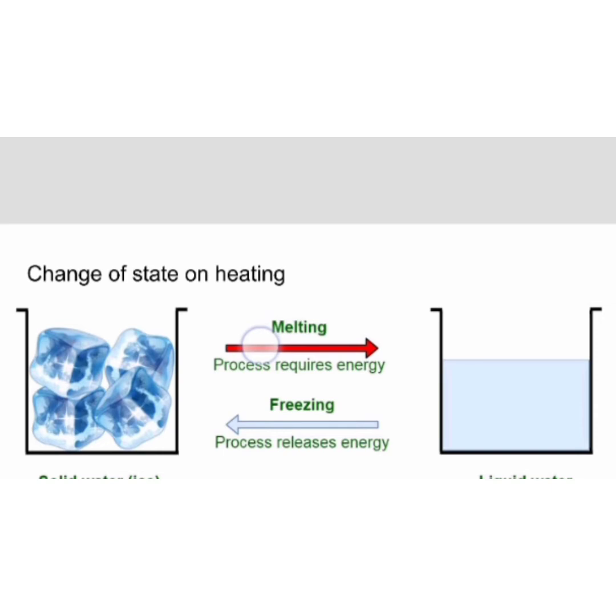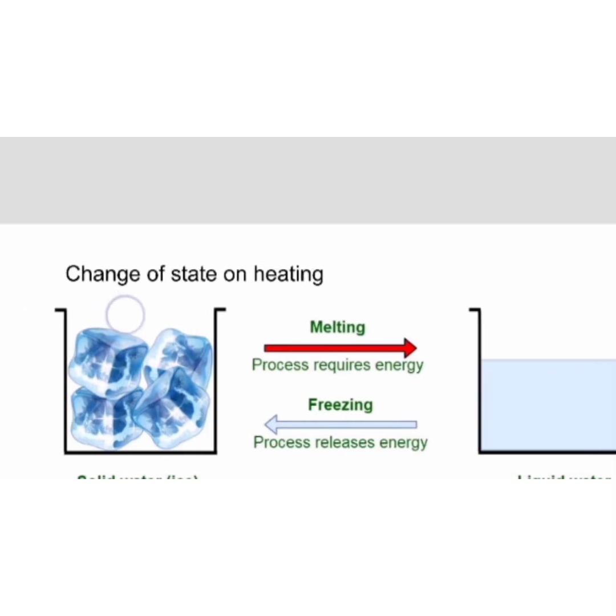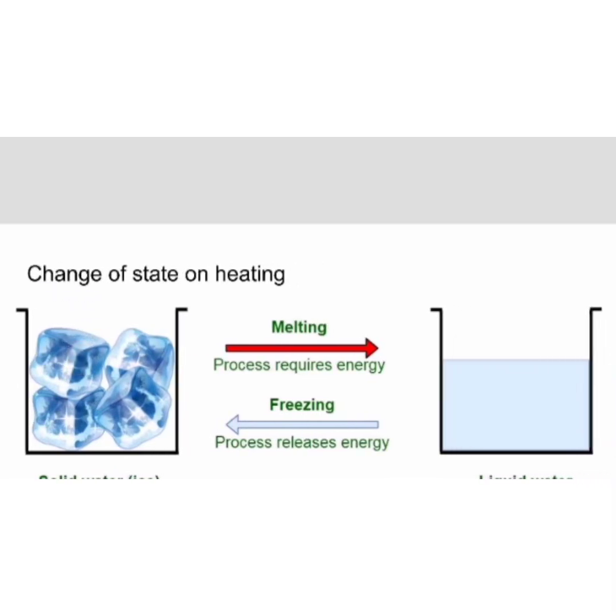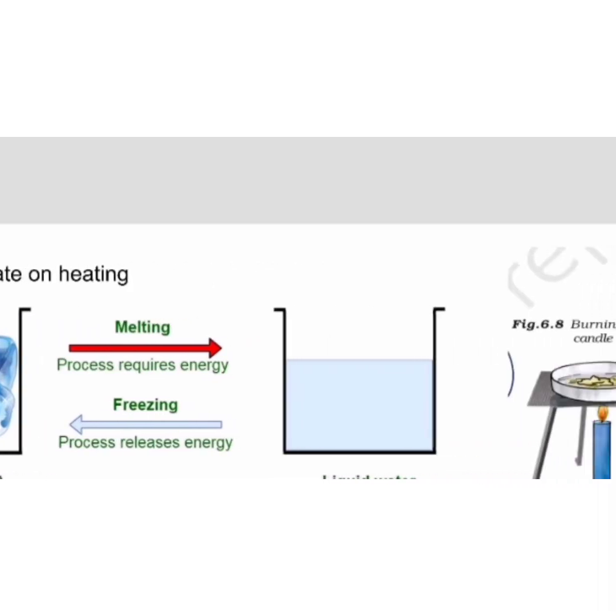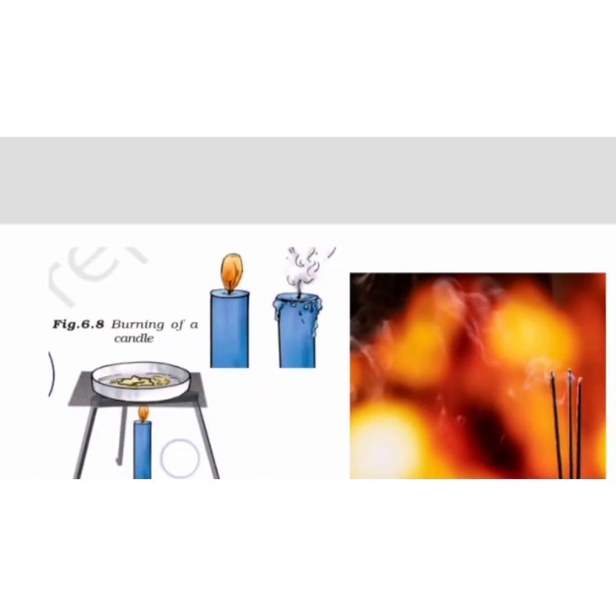The other way to bring change is heating. In the same way, heating will change the states of matter. And the next change: when we light a candle, the size of the candle will decrease, right?